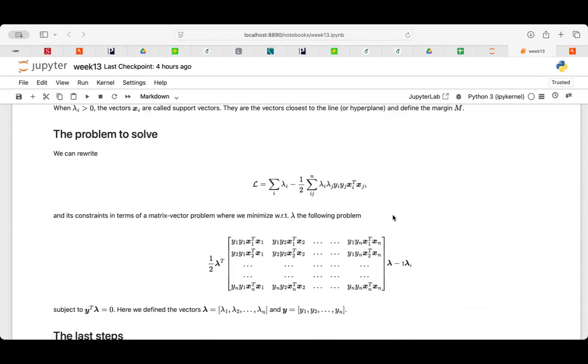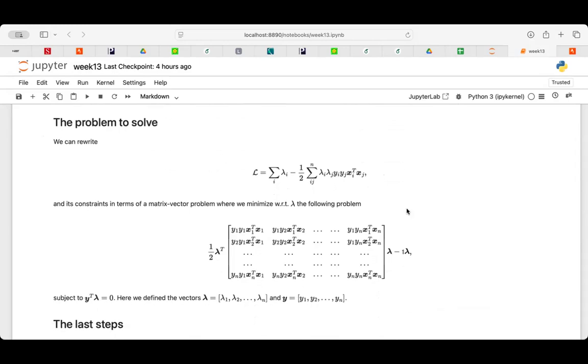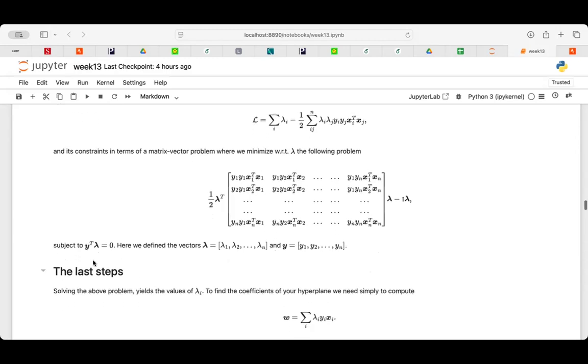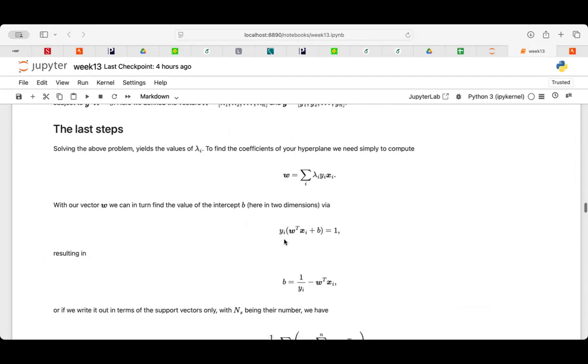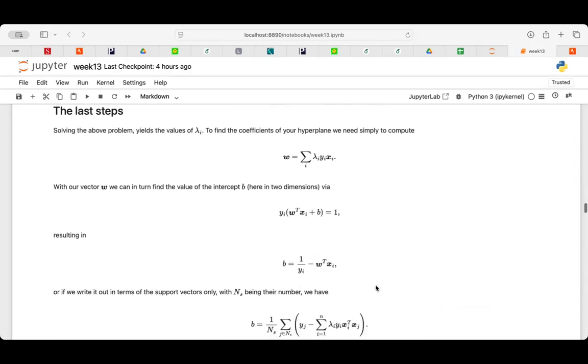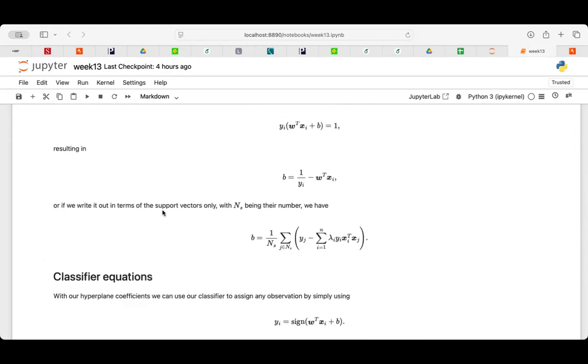And as we said on the whiteboard, we can then define everything in terms of a matrix here, and then this will be subject to these specific constraints here. So the last step when we are solving the above problem is then, when we have put in these specific vectors and set up the value of b, which then simply results into this, we can then write out in terms of the support vectors only, where N_s is the number of support vectors.